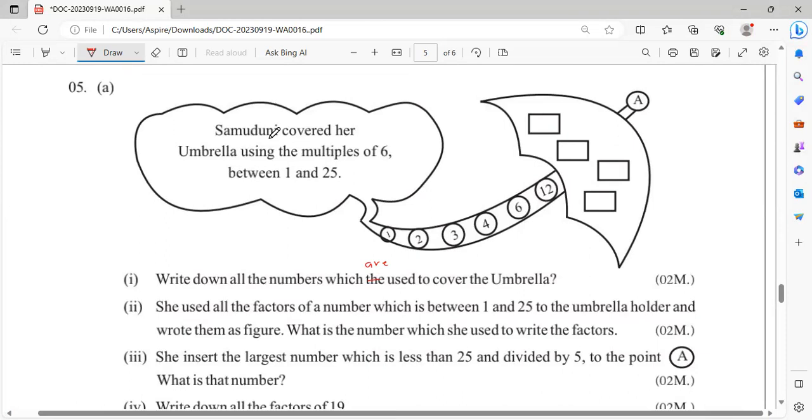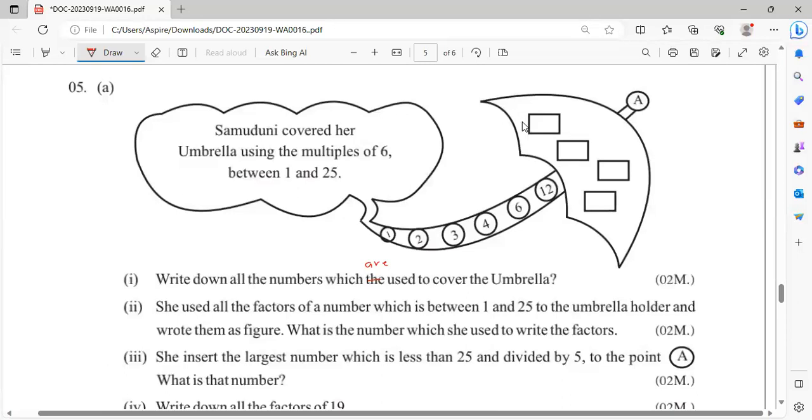Okay. Then what are the suitable multiples here? Multiples of 6. 6 and 12. No, Pute. Look, Samudani covered her umbrella using the multiples of 6 between 1 and 25.